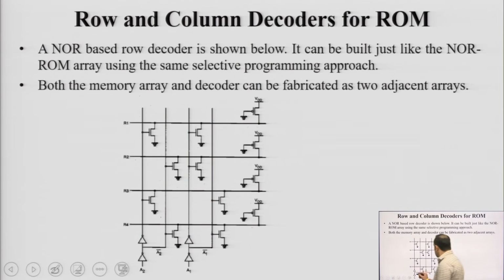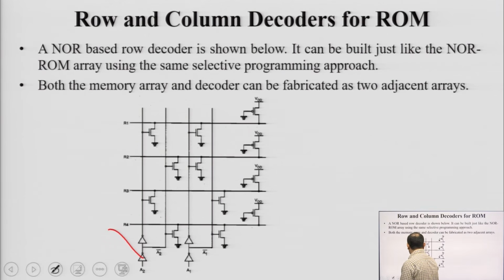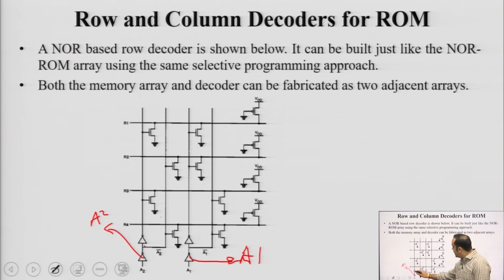This inverter is taking A2 as input and this inverter here is taking A1 as input. So, here you are getting A2 bar and here A2 is entering, and simply here A1 is entering.